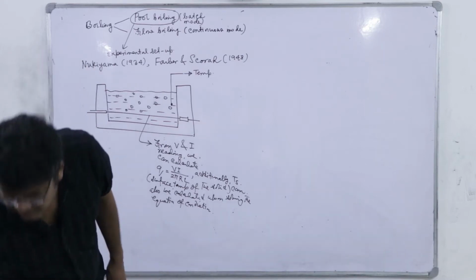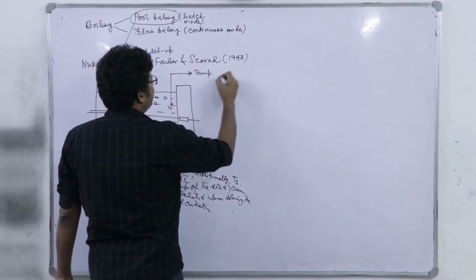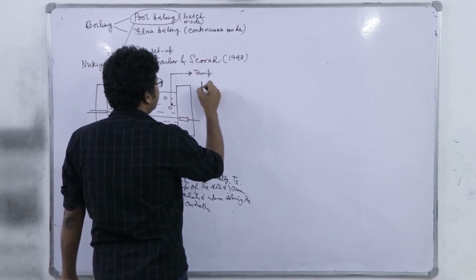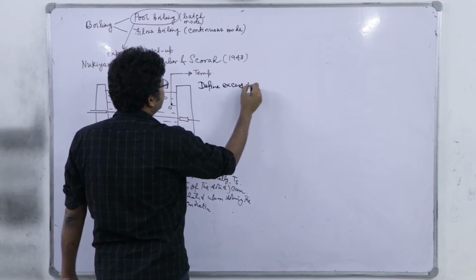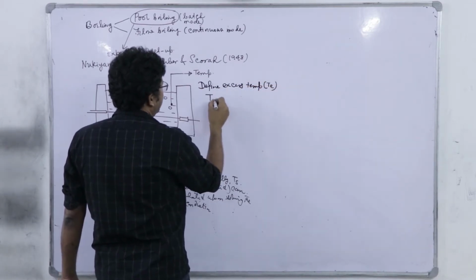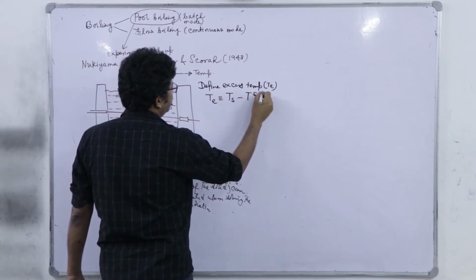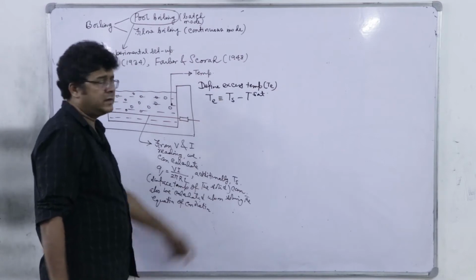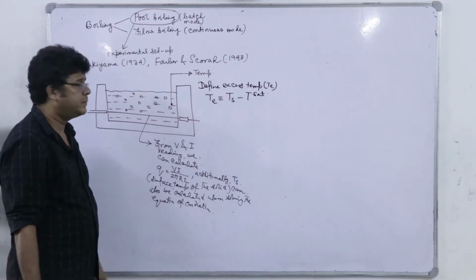So, once we have calculated the surface temperature, we define excess temperature, Te, as surface temperature minus saturation temperature, right. That is the boiling point, the saturation temperature at that specific pressure.